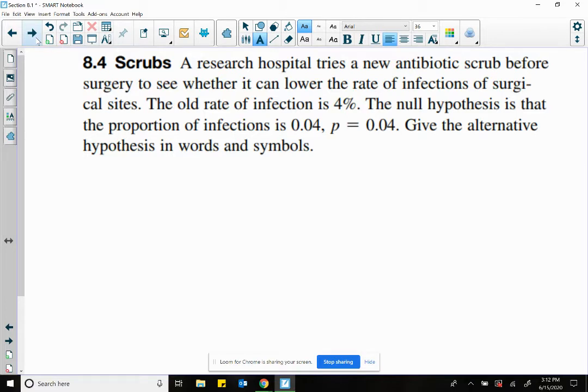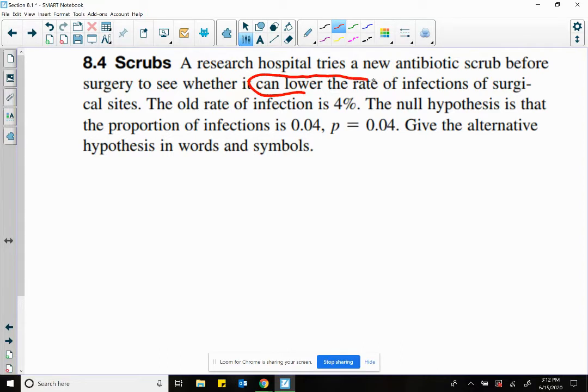All right. So in this one, hopefully as you're reading, you're going to see a word in here that's very specific, like the good effect. And then right here, can lower the rate. That's important to us.